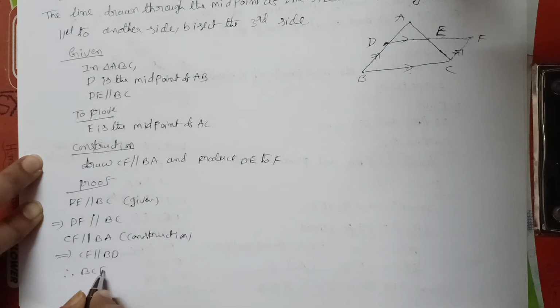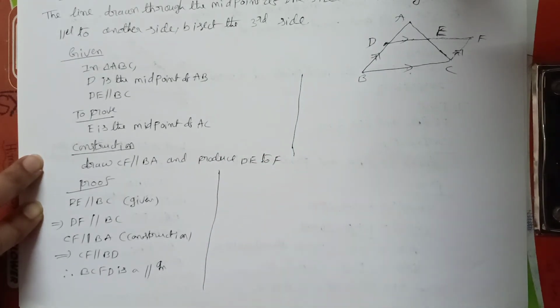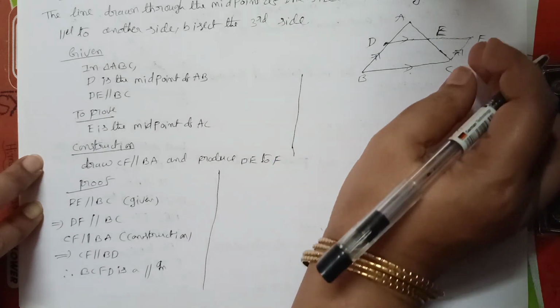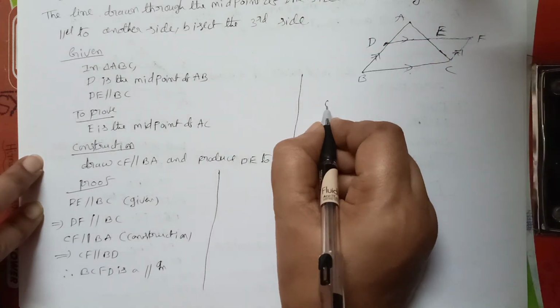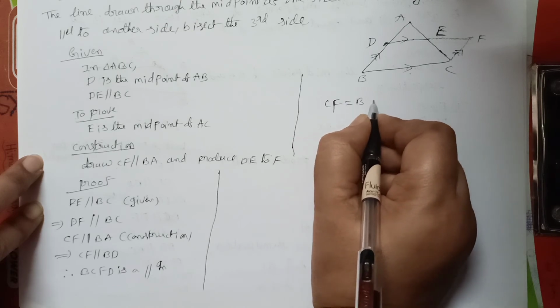Therefore, BCFD is a parallelogram. In a parallelogram, opposite sides are equal. Therefore, CF is equal to BD.